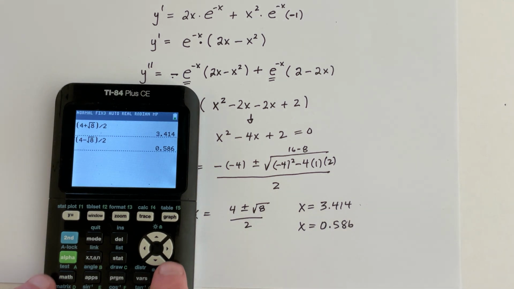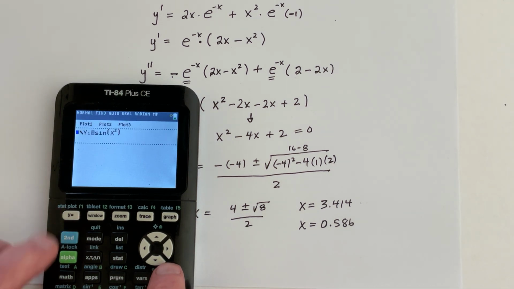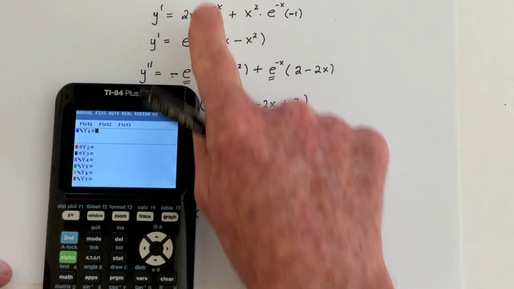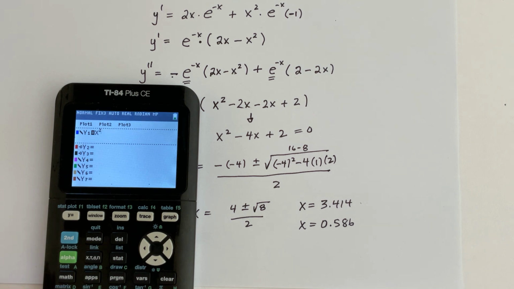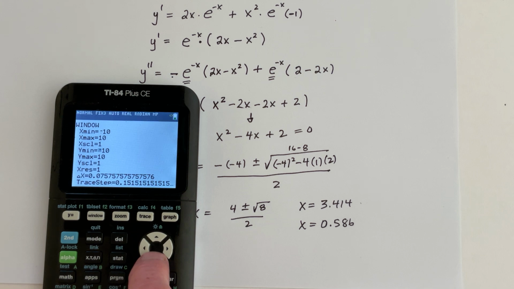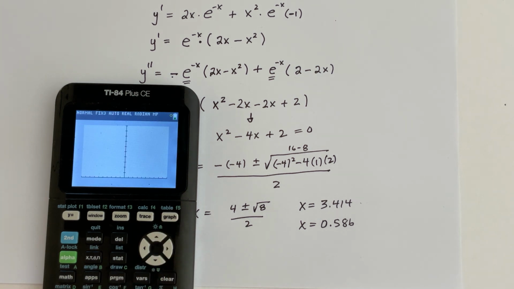And then let me see if that makes sense. So if I graph the original problem, that's going to be the x squared times the e to the negative x. And let me just go zoom standard and see if I can see it. Okay, so I don't need any of this negative down here, so I'll change this to not have any negatives.